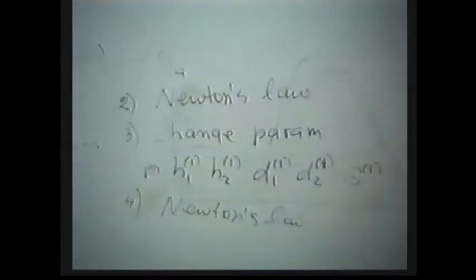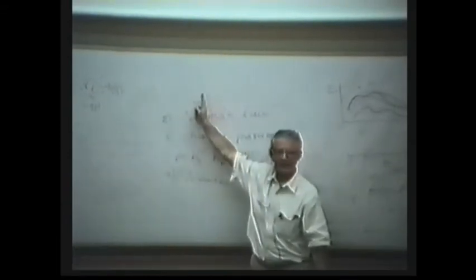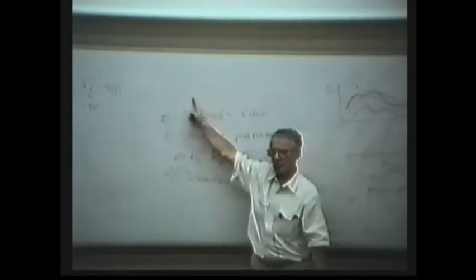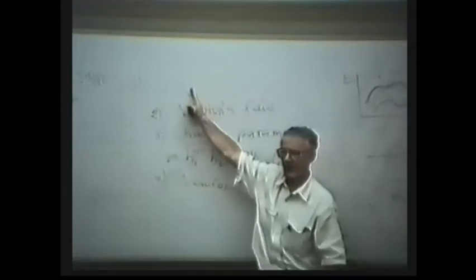I repeat. Find the range of parameters that satisfy the error envelope in the data. How? Try and find the range of each. Do we need to change parameters and calculate again using Newton's law?